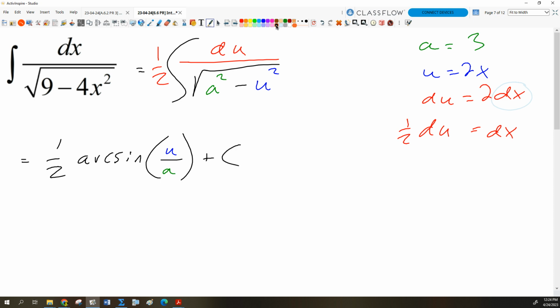So what's that become? 1/2 arc sine of u is just replaced by a 2x, and a is replaced by a 3. So there's my answer, right? Okay, everybody good?